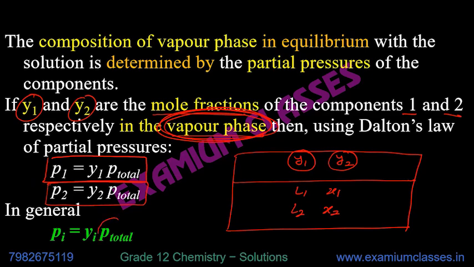This P total will be given to you in many cases, or you will have to calculate it with the given data. So in general, Pi equals Yi P total. Understand the difference: Y is the mole fraction in the vapor phase, X is the mole fraction in the liquid phase. That is the only difference. Okay? Otherwise, it is similar to Pi equals Pi naught X.